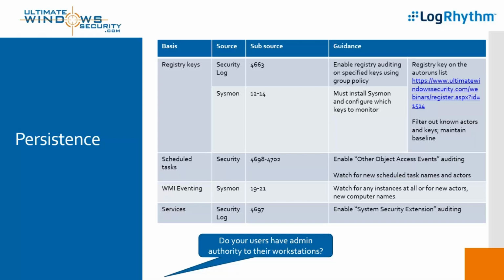What I would like to do is monitor for registry changes to those keys, figure out what is normal for my environment in terms of which keys, which actors, or both, and by actor that could be the process name and/or username, and then start watching when I see new things pop up. But the registry keys are, go ahead.